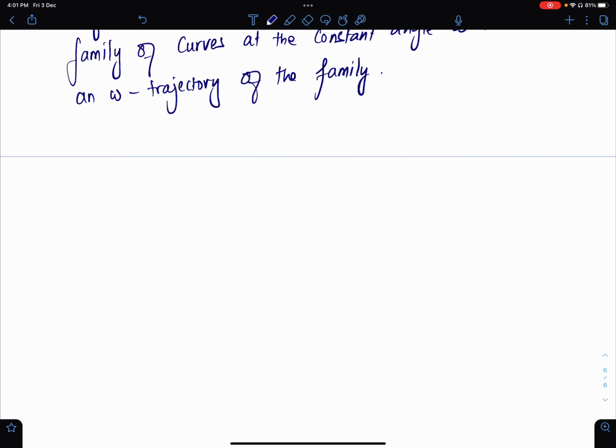So what is an orthogonal trajectory? If any curve cuts a family of curves at right angle, then it is called the orthogonal trajectory. So, 90 degrees.